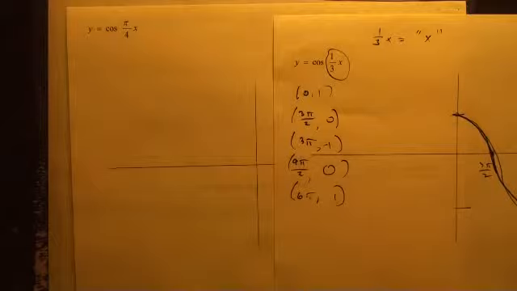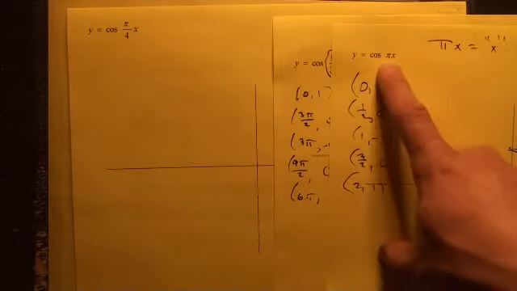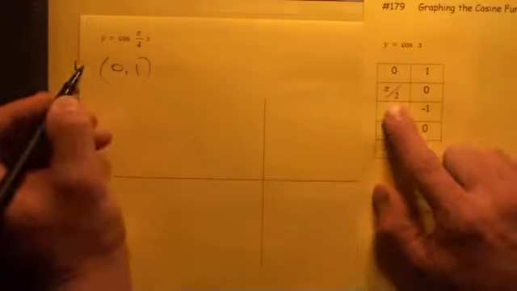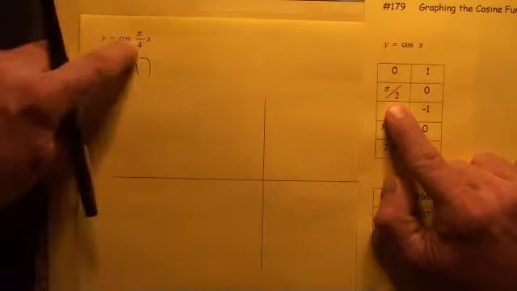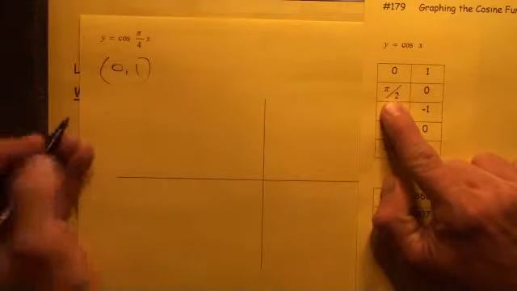What did the pi do in the last example? It got rid of all the pi's. So if you have both, what's going to happen to our domain? Well, 0, 1, that's on all of them. All right, what about this one? It's going to get multiplied by 4 and divided by pi.